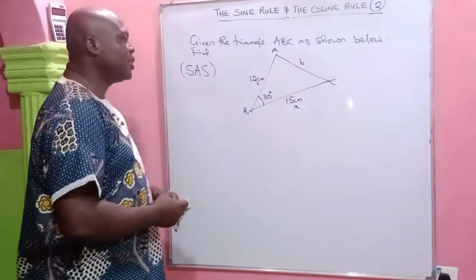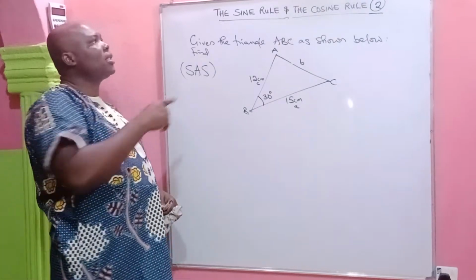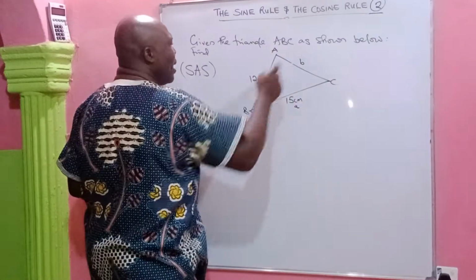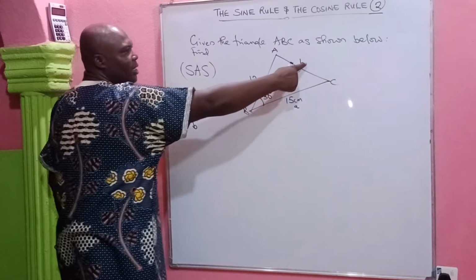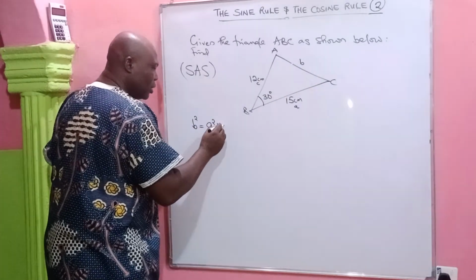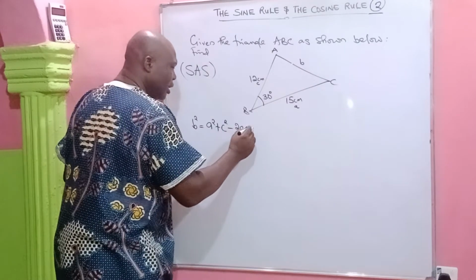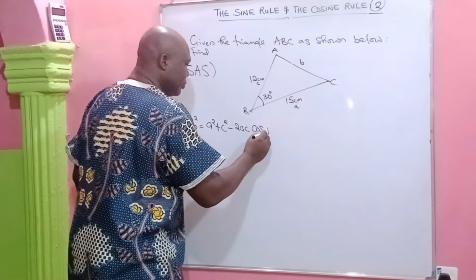But when you're looking for the side, the formula is different. I've given that in the previous slide, sine and cosine rule part 1. This is part 2. Assuming we are looking for b, we have b squared, this side we are looking for, equals a squared plus c squared minus 2ac cos of angle B.